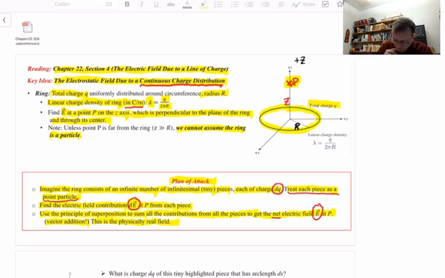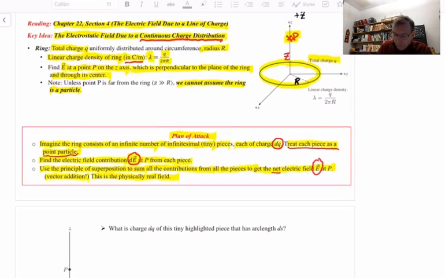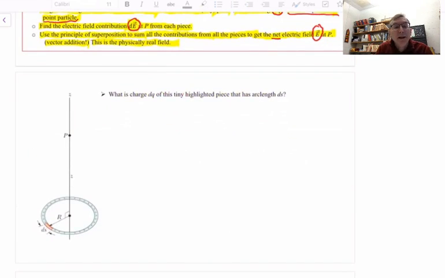Here we go. First step, imagine the ring consists of an infinite number of infinitesimal pieces, each of charge dq. Treat each piece as a particle. There's the ring. See it again? It's been drawn from a slightly different perspective, but that's it. You can see little plus signs drawn around it to represent the smeared out uniformly positive charge.